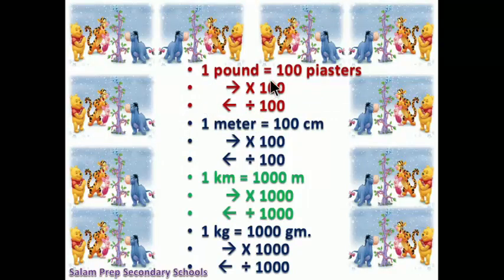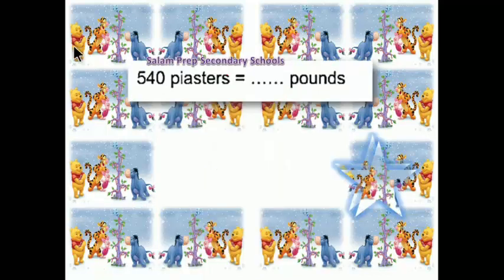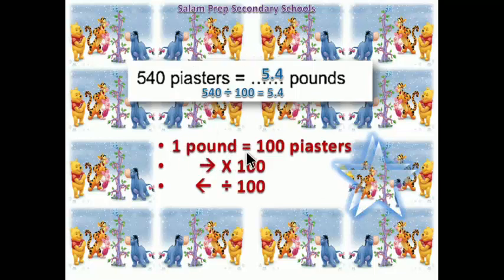Please don't forget these relations. 1 pound equal 100 piastres. 1 meter equal 100 centimeters. 1 kilometer equal 1000 meters. 1 kilogram equal 1000 grams. 540 piastres equal blank pounds. We know 1 pound equal 100 piastres.